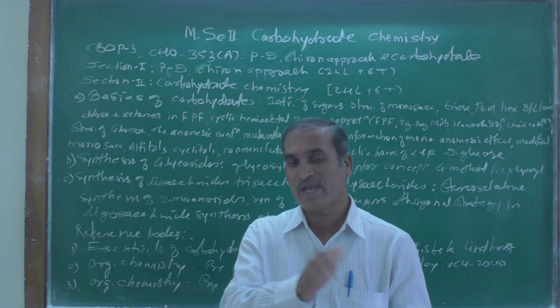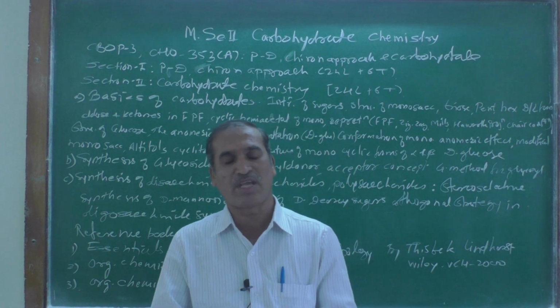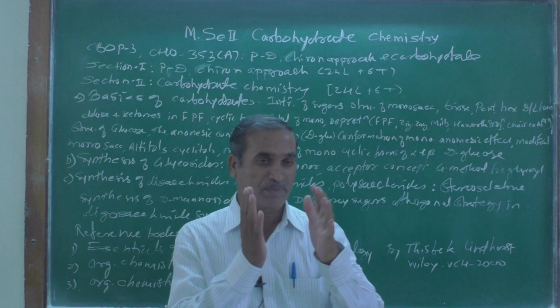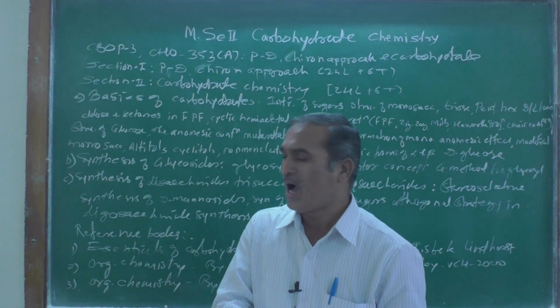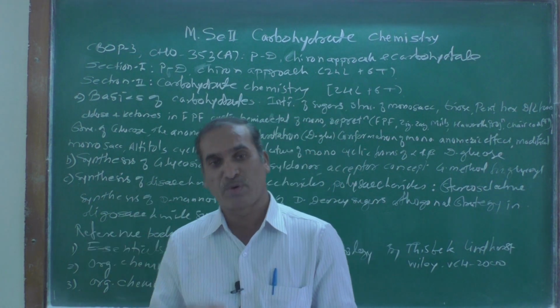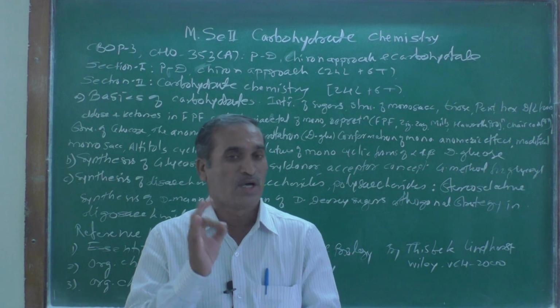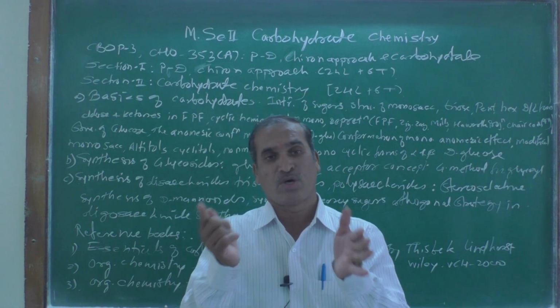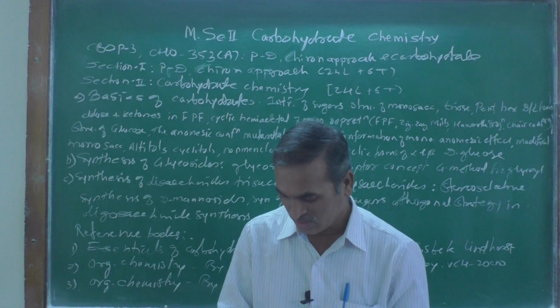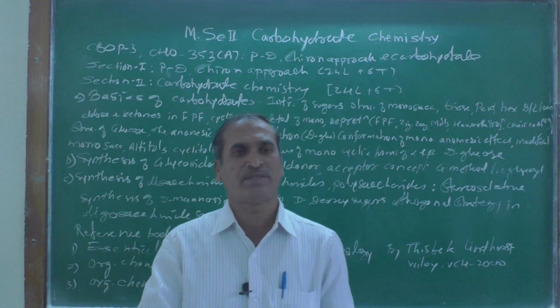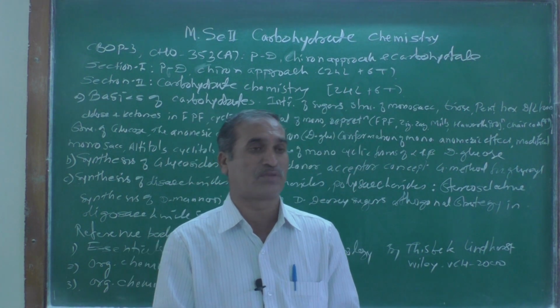And then why is it designated as D? Capital D and capital L are the relative configuration. It is a nomenclature method used for naming this type of organic compound.